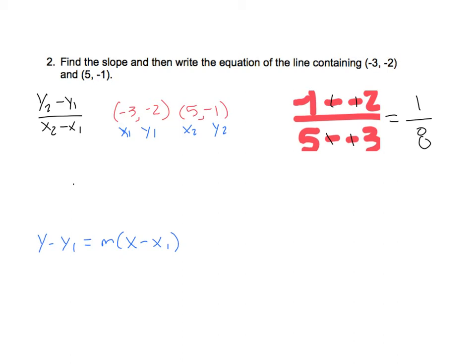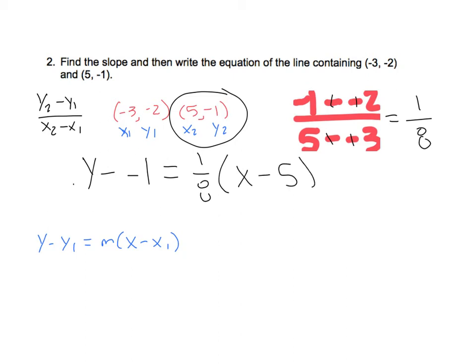So now using this formula down here, the point slope formula, we would have y minus, remember you pick whichever point you want. I'm going to pick this point because it has only one negative versus two negatives. Minus 1 equals 1 over 8 times x minus 5.